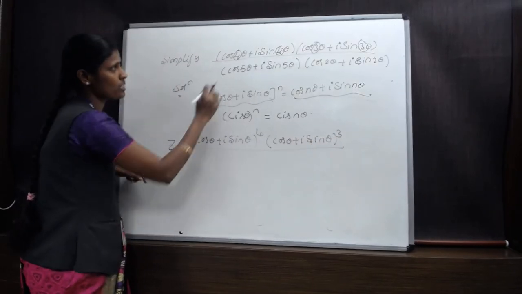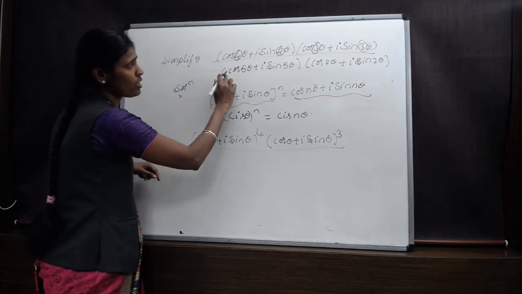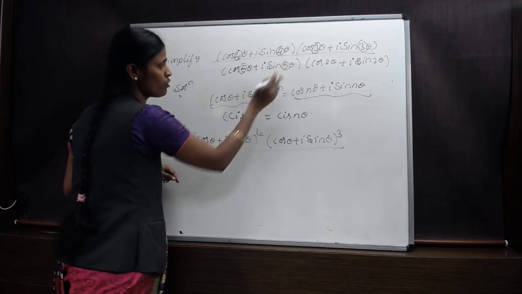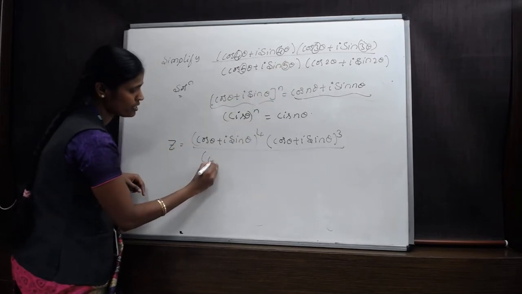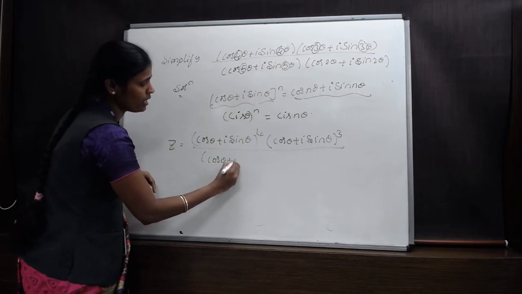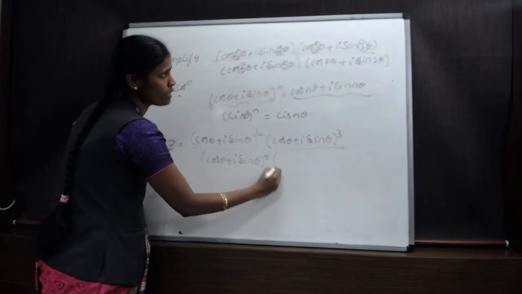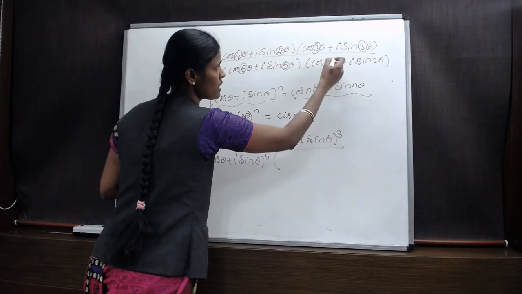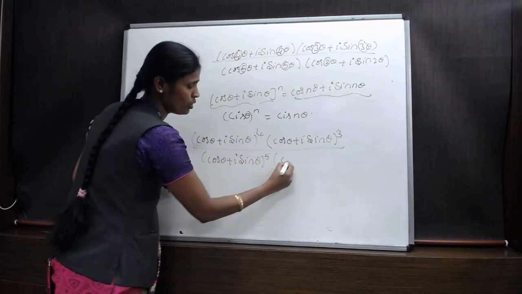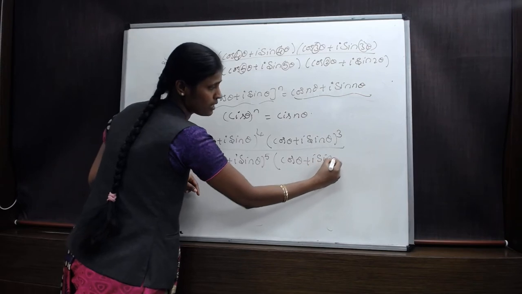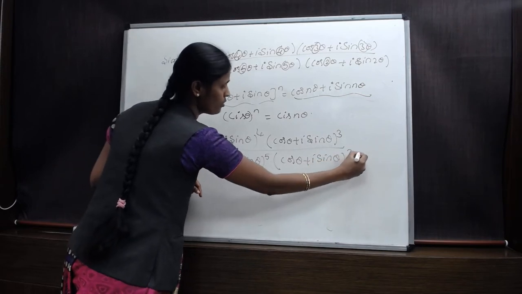Divide by, similarly here, n is 5, now use the LHS, (cos theta plus i sin theta) to the power of 5. Similarly here, n is 2, so (cos theta plus i sin theta) to the power of 2.